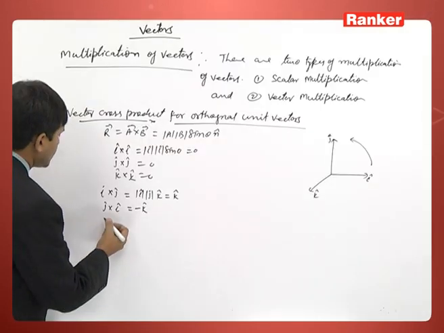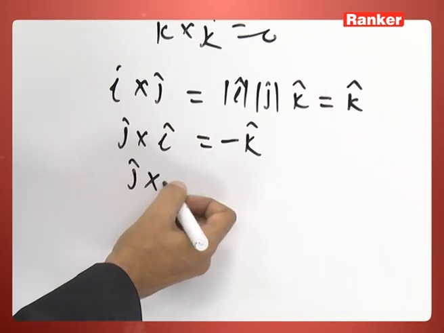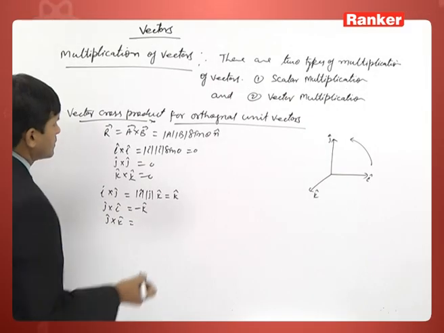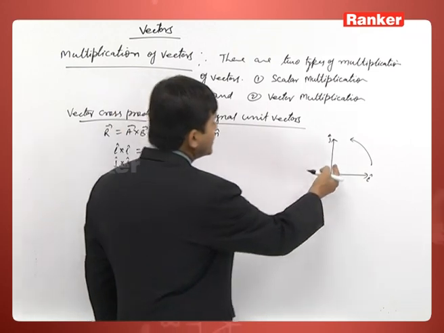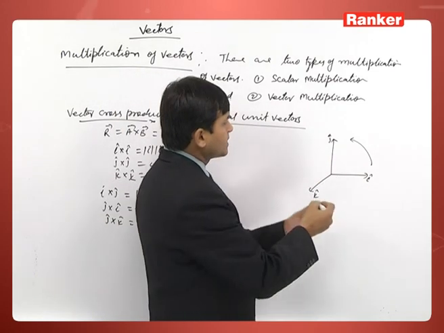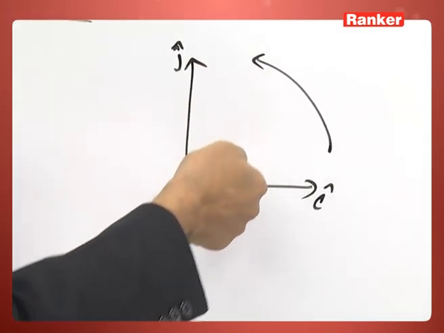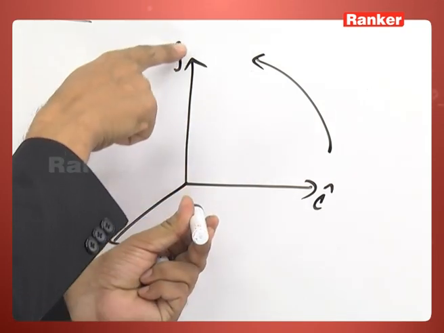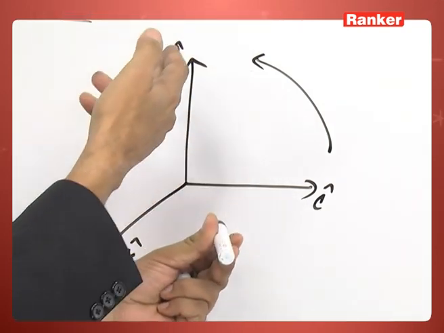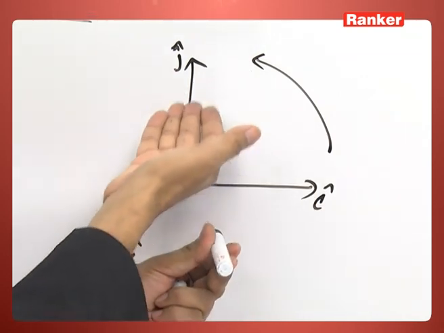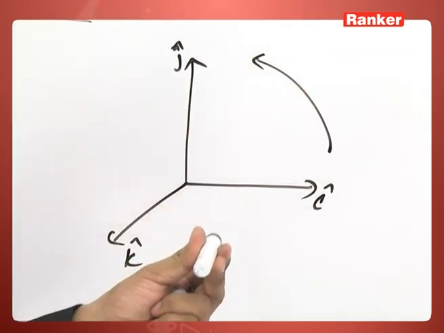Now, if we look at j cross k, this is your j and this is your k. We have to go like that. If our finger goes from j to k, then the thumb comes towards i.